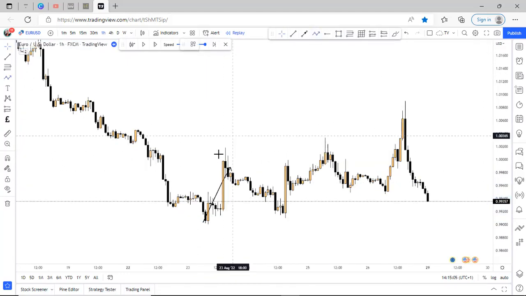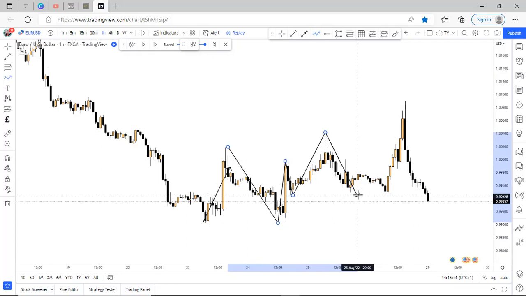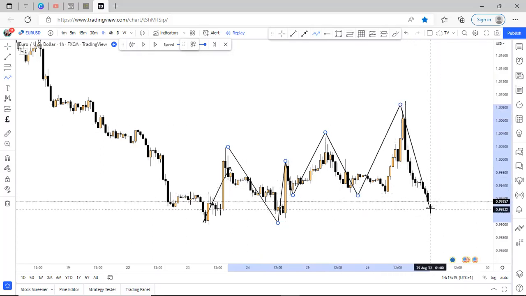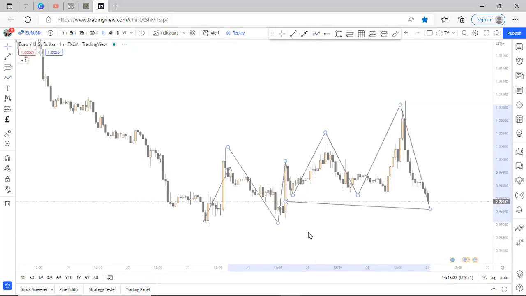Okay, we have the push up, push down, push up, push down, push up, push down, push up, and presently we can see that price is pushing down. Okay, so looking to our left right here, we are able to cite this lower time frame.